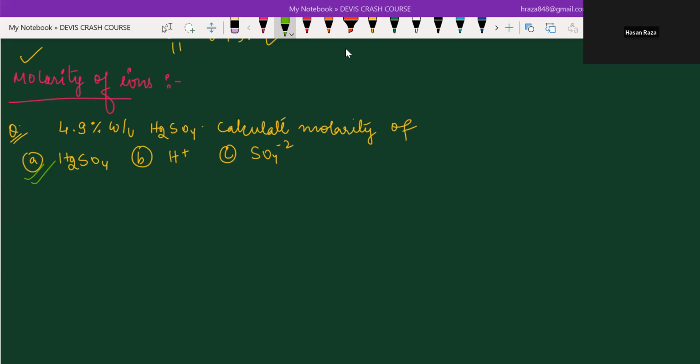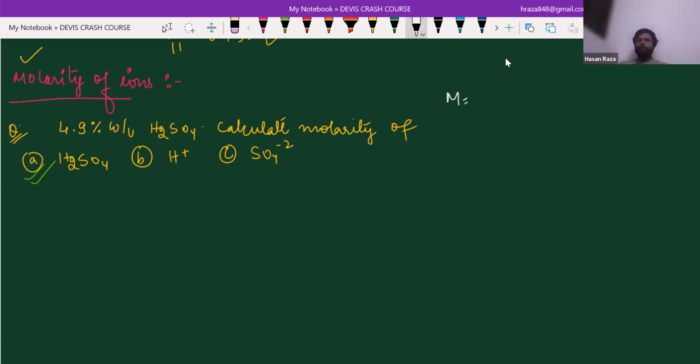Okay, let me check it. Number of moles of solute will be 4.9 upon 98, upon volume of solution, 100 upon 1000. That will be approximately 1 by 20, and then 1000, that means 10. So it will be 0.5, right?